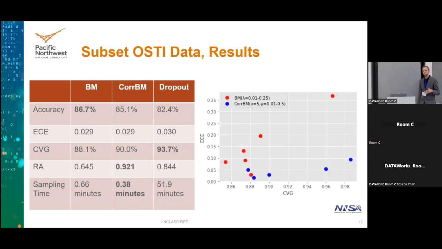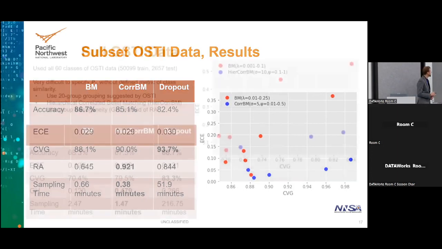If you want to tune this to achieve the balance you want between calibration error and coverage, you can get your coverage closer to the optimal value without sacrificing too much in calibration error, as opposed to the belief matching construct, where the calibration error jumped up pretty drastically.